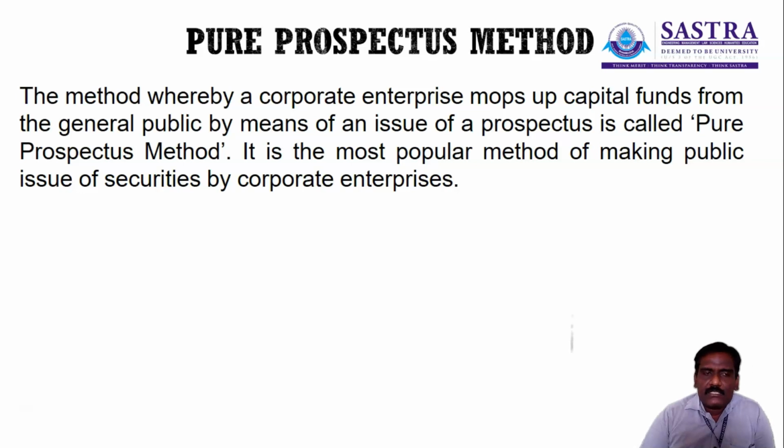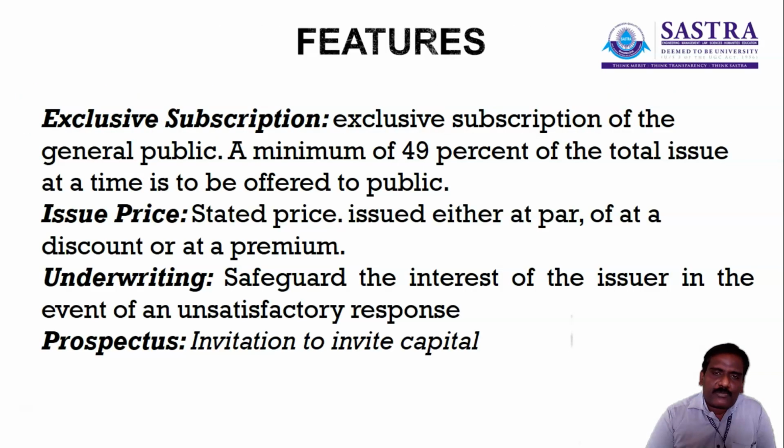Normally you know that the prospectus is an official invitation, the way in which they are collecting the capital. If the company depends only on the prospectus for collection of capital, that comes under the pure prospectus method. It is most popular in the public offer or issuance of capital to the public.